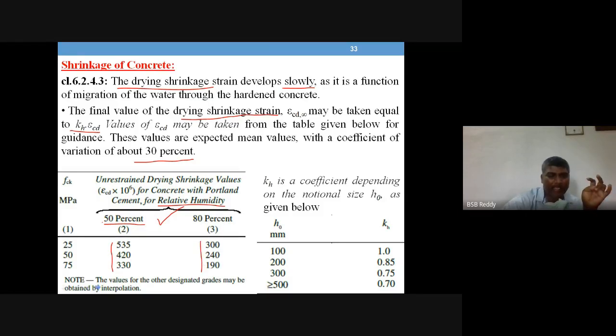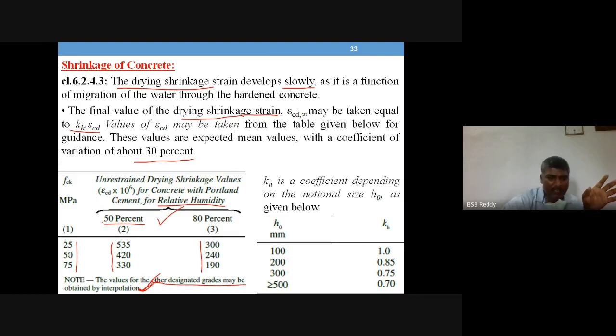Okay. And for any other grade of concrete, say these are given for 25, 50, 75. The other designated grades may be obtained by interpolation.